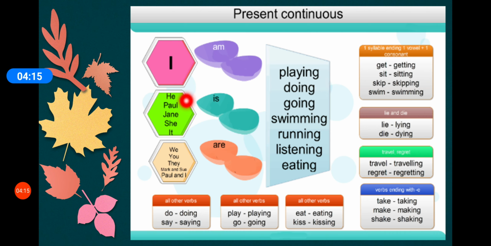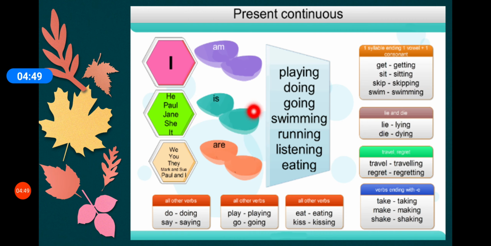Now, if the subject is he, she, it or a singular noun like Paul, that is the name of a boy, and Jane, that is the name of a girl. So, with he, she, it or any singular noun, we make use of is. For example, he is doing his work.